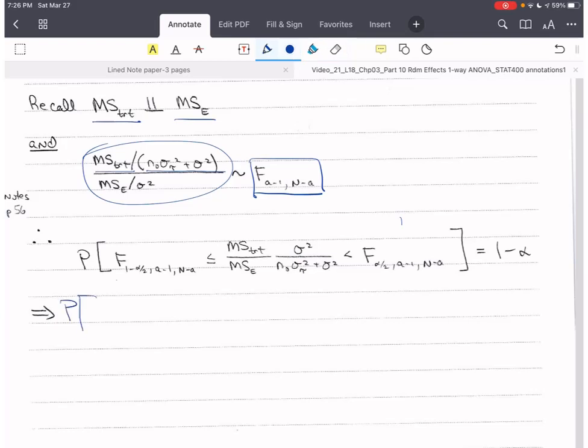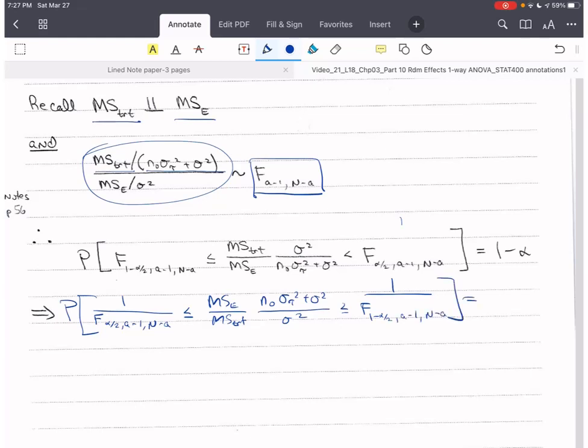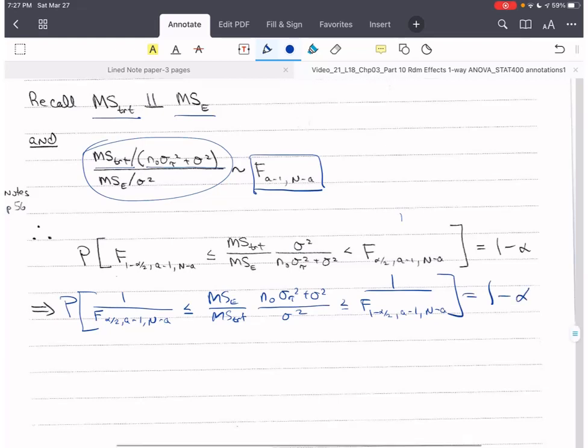So we have the probability, and now I have f of alpha over 2, a minus 1, n minus a degrees of freedom. And then I flip both of these. I have MSE over MSTRT. And then I have (n naught sigma tau squared plus sigma squared) over sigma squared. And then I have 1 over f of 1 minus alpha over 2, a minus 1, n minus a. And that is still equal to 1 minus alpha.